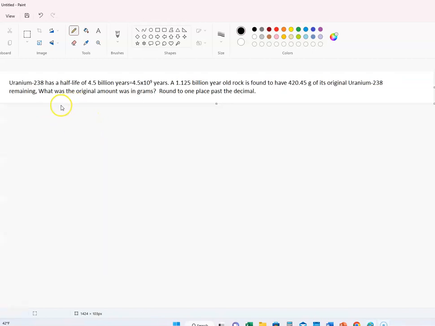All right, so this is a slightly different type of problem as we're going to see. We have uranium-238, which has a half-life of 4.5 billion years, and of course, we write that mathematically as 4.5 times 10 to the 9th years.